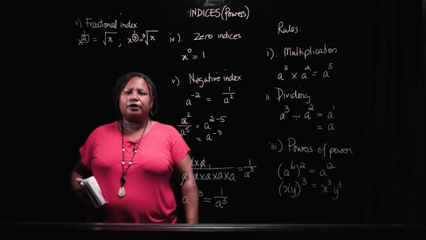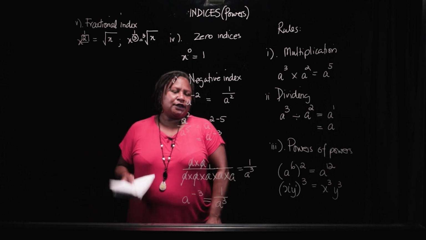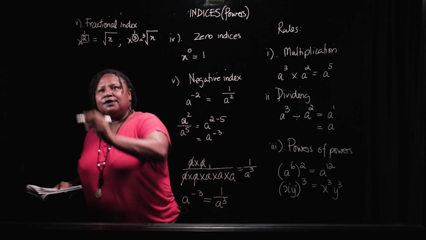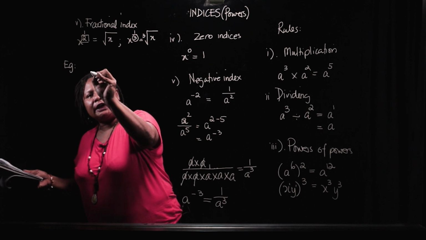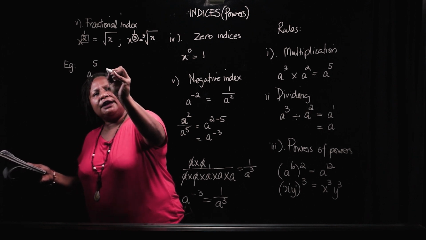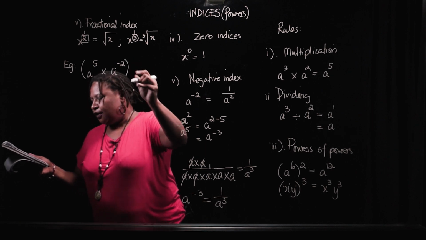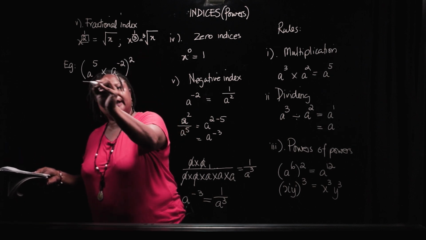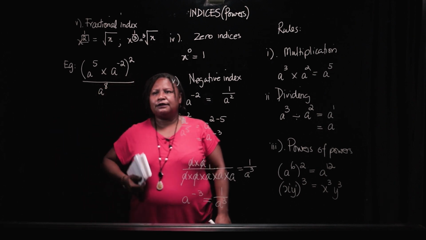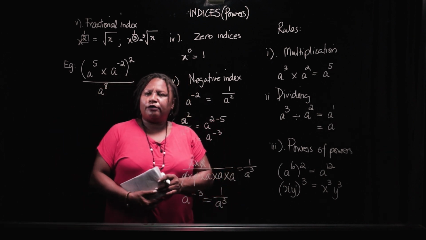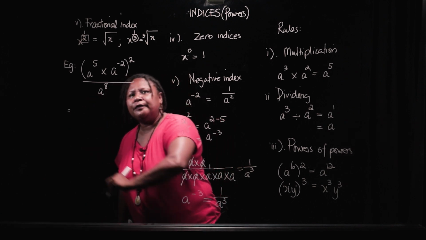We've gone through all of the rules. Now we're going to do an example and see where these rules are applied. Our first example is a to the power of 5 multiplied by a to the power of negative 2, all raised to the power of 2, and then divided by a to the power of 8. As we follow the rules, we simplify.